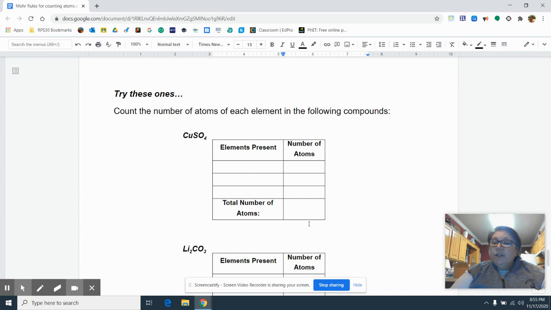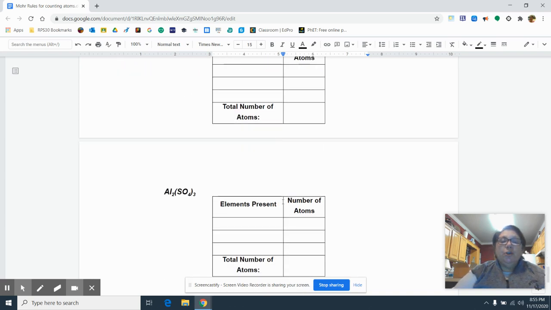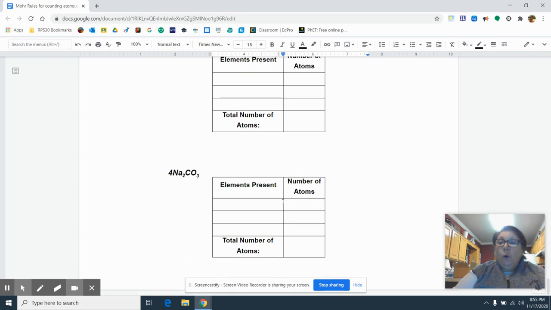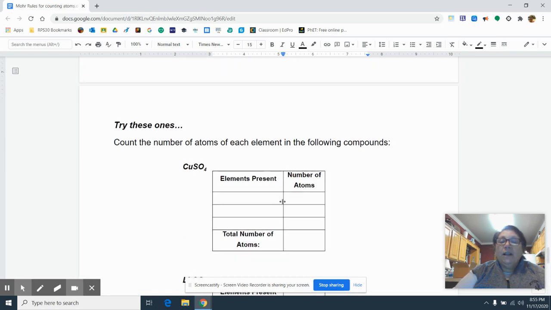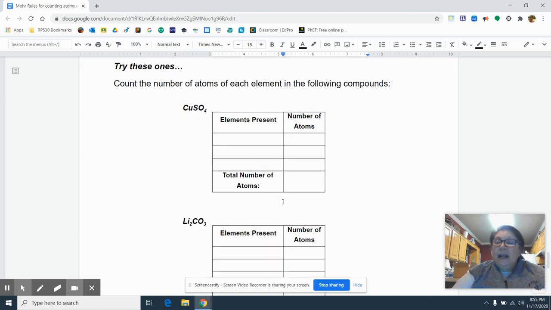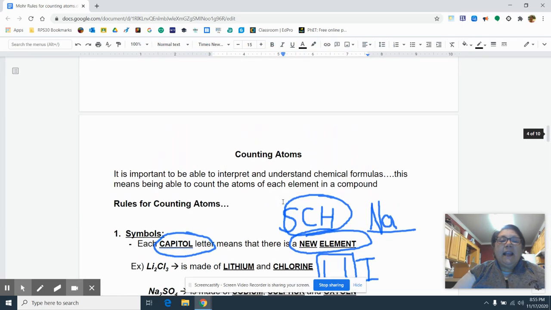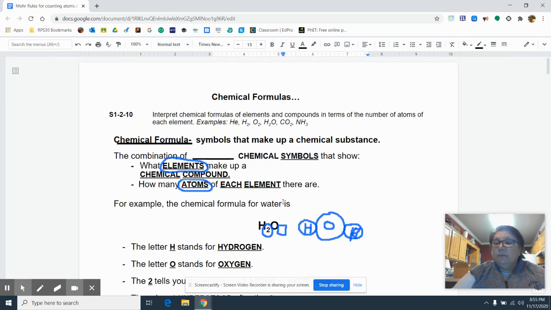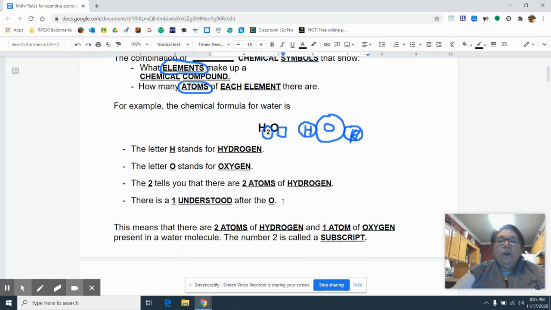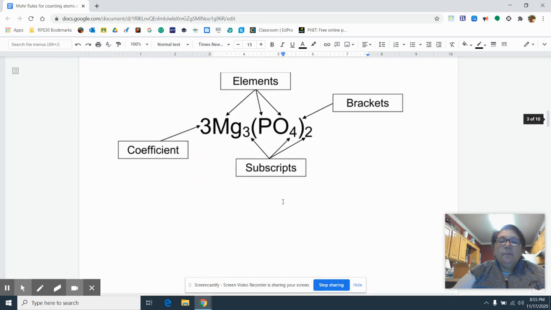Okay, on your notes page, I have given you 1, 2, 3, 4 examples that I want you to do. If you are confused on how to do these, go back and read all of the note pages here. Okay, we've got everything for you here.